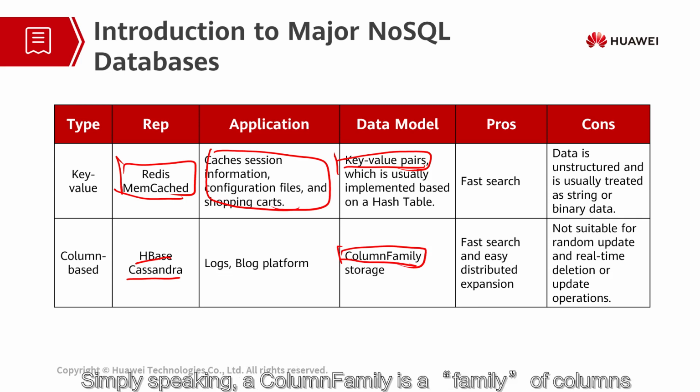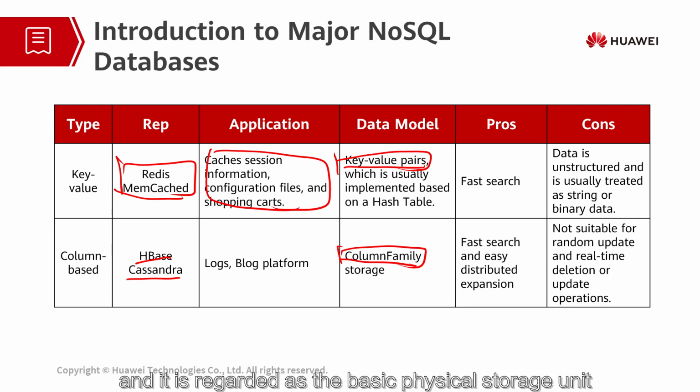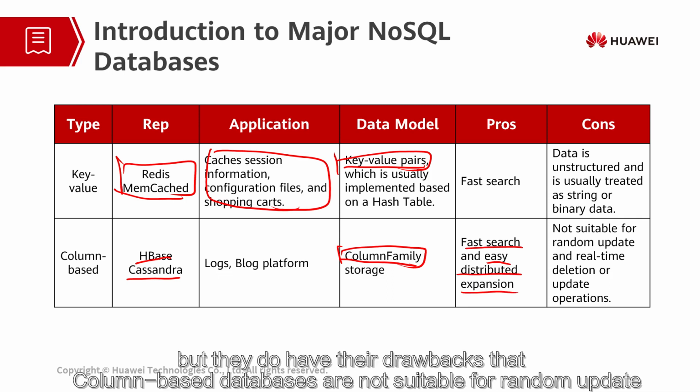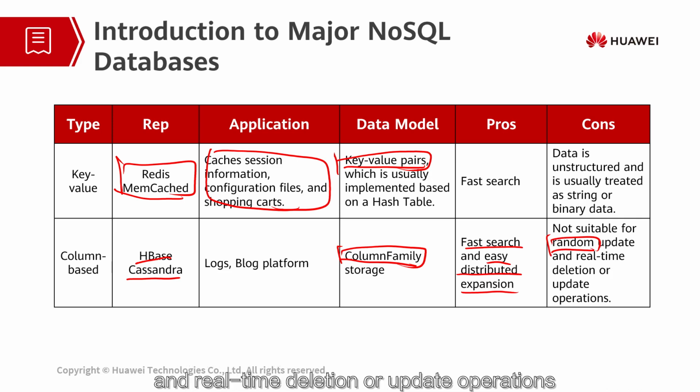Simply speaking, a column family is a family of columns, and it is regarded as the basic physical storage unit. For column-based databases, the pros are fast search and easy distributed expansion. But they do have their drawbacks: column-based databases are not suitable for random update and real-time deletion or update operations.